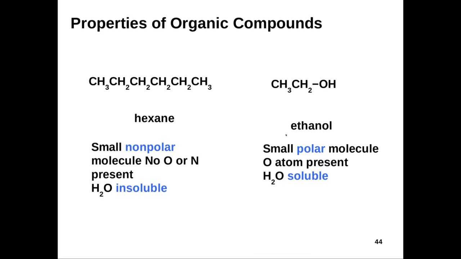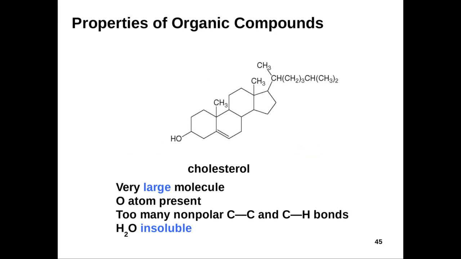So that's a hydroxyl group. It's small. It's polar because it has a polar bond here and a polar bond here. So ethanol is water soluble. So as a general rule, if you see a polar bond, it's probably going to be water soluble. If it's pretty small, it's going to be water soluble.